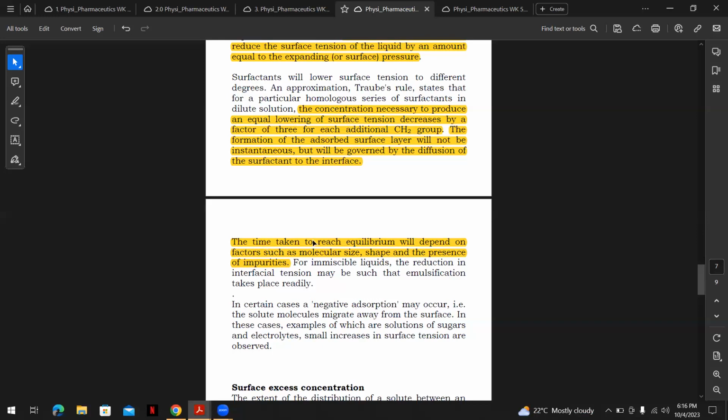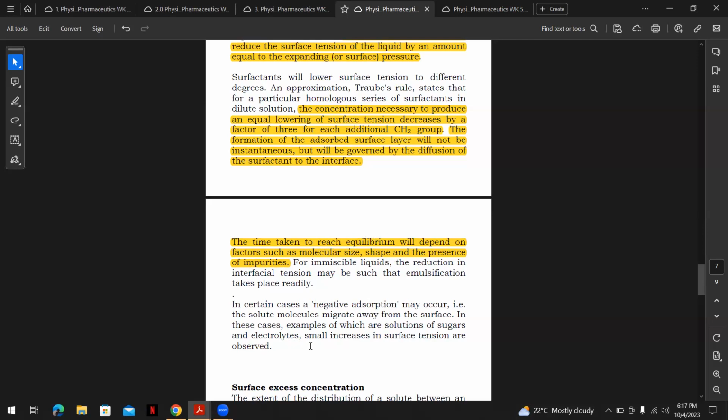And for it to reach equilibrium, the deposition of the surfactants or whatever molecules you have to the surface depends on factors such as the molecular size, shape, and the presence of impurities. And impurities tend to lower surface tension. Now, negative adsorption is when they don't deposit on the surface.